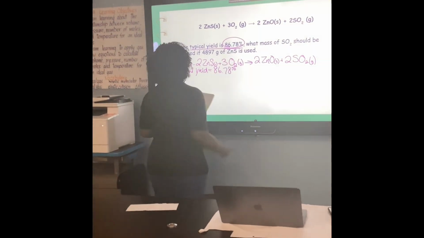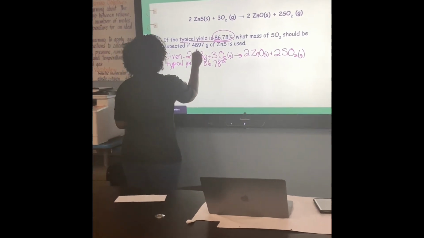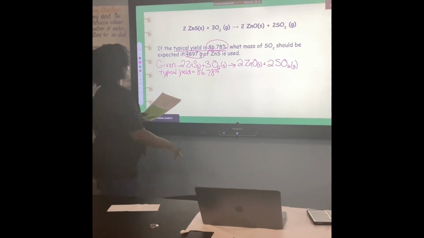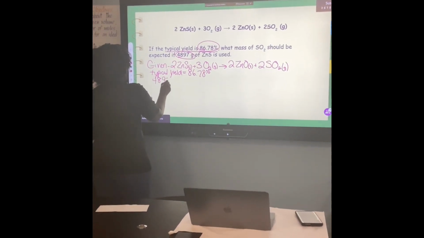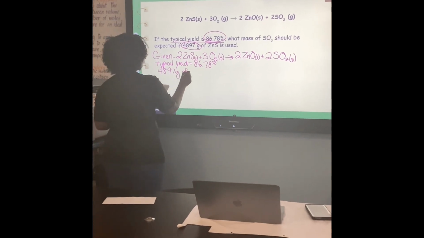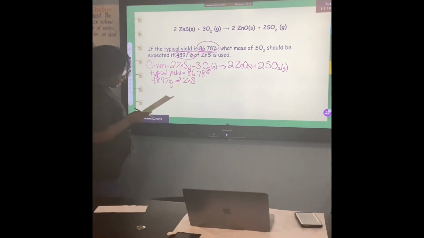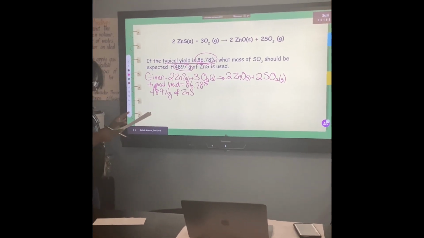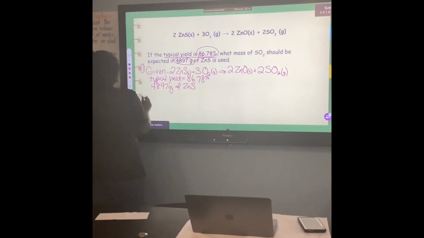Here I clearly see 86.78 is the number of importance. But I'm also going to circle 4897 grams of zinc sulfite, because that is also given. Okay, let me see if there's anything else that I need. I believe that's it. So step 1 was given.